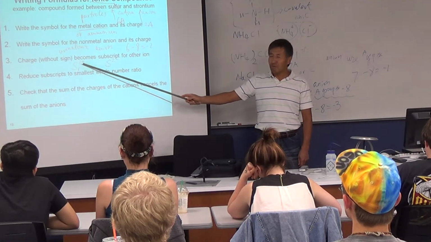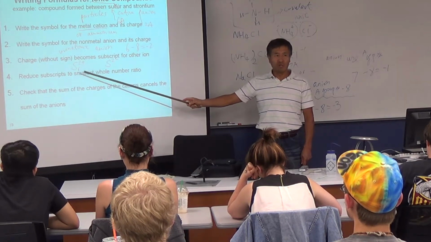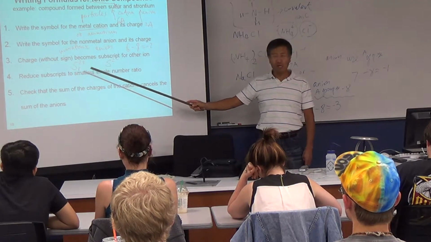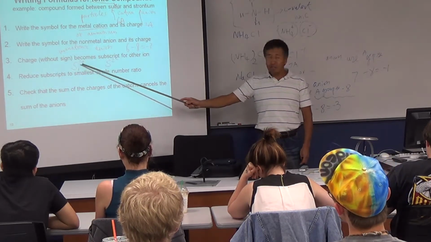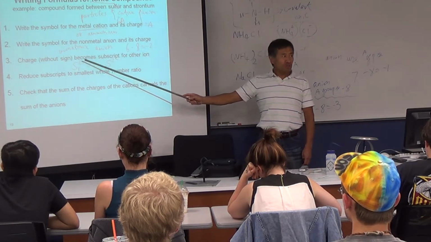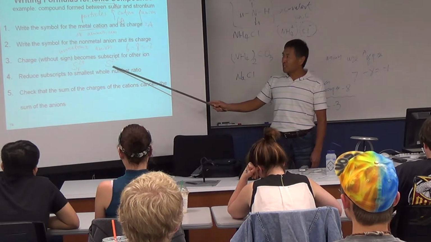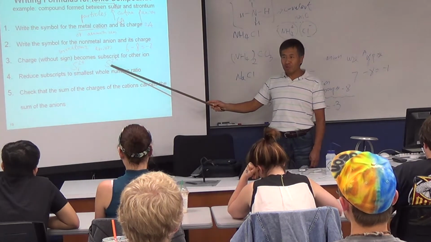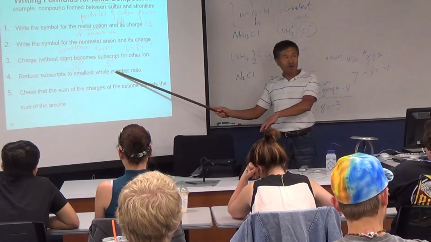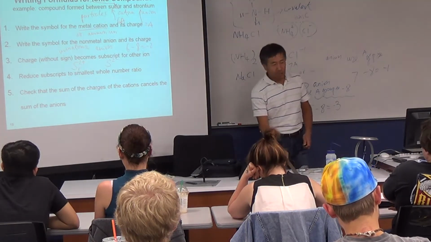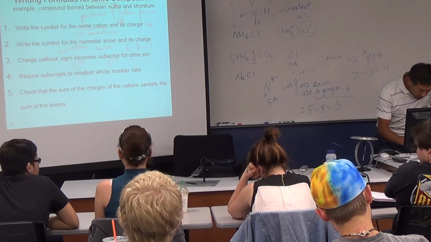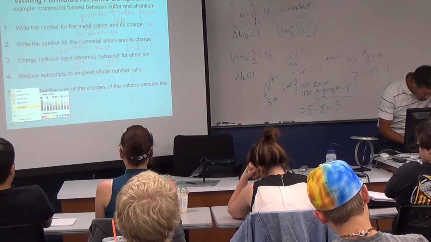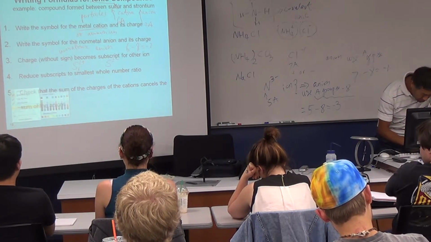What is the charge number for this cation? What is that number? 2. Okay? So you don't worry about plus or negative now. You have to take that 2. Okay? Now use that 2 as a subscript. When you write a subscript, it will be in the lower corner, right? So I'm going to take this 2, okay? And let me just change the plane so you will see that. So I hope you will see that.